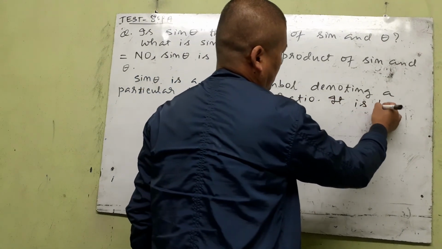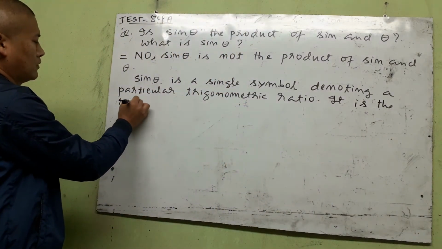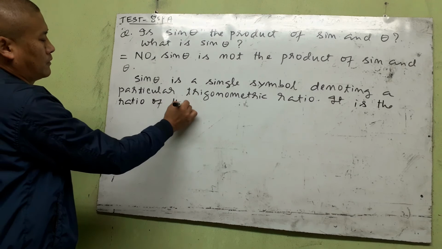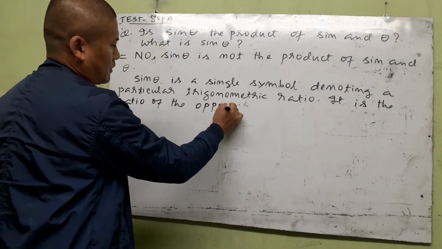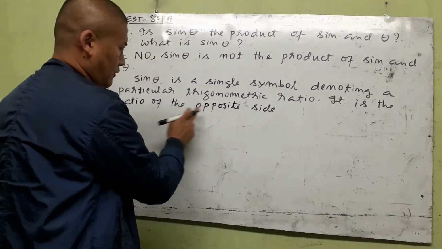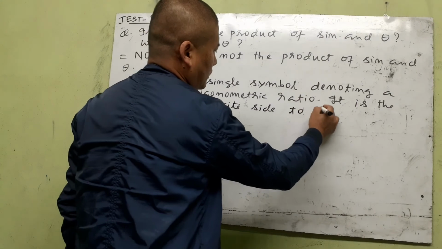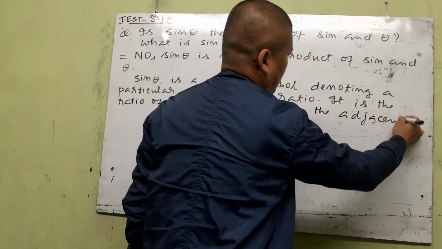It is the ratio of the opposite side to the adjacent side.